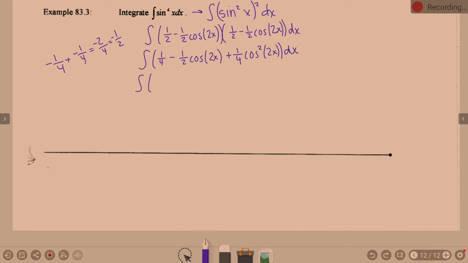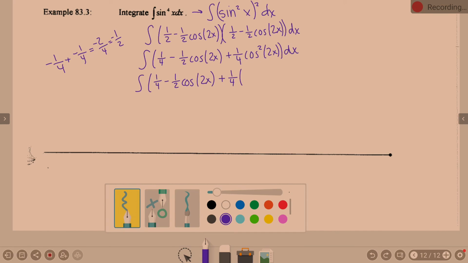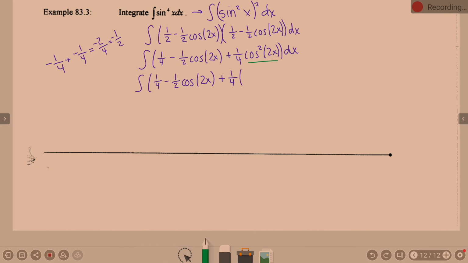Okay, so still 1/4, still minus 1/2 cosine 2x, plus, it's a 1/4, but what am I replacing the 1/4 with? Cosine squared 2x is equivalent to 1/2, it's plus, isn't it?